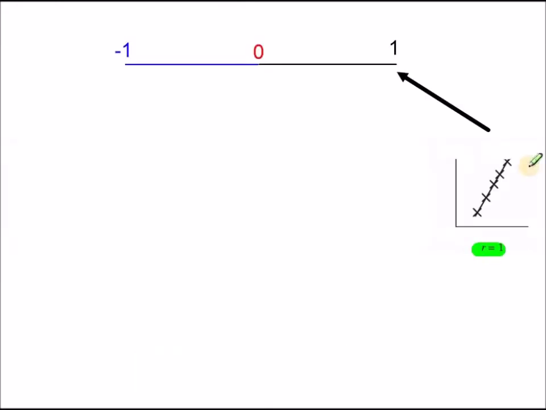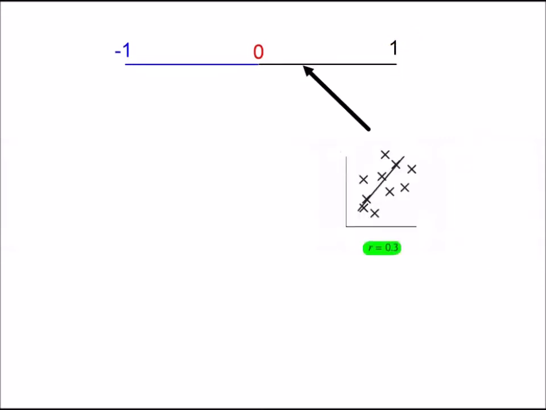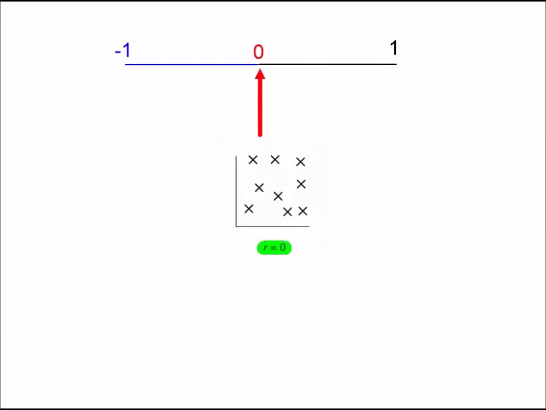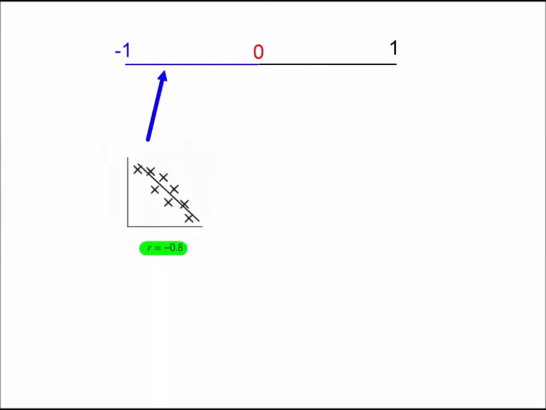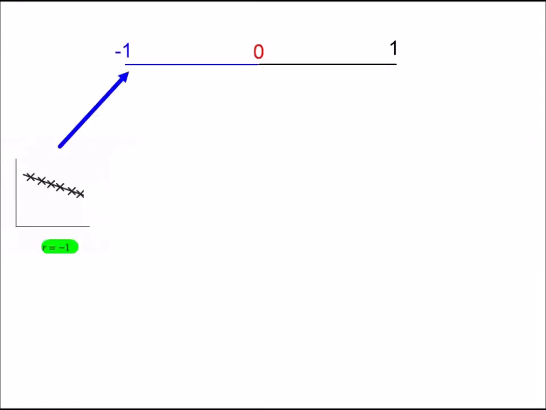So some examples. If the R value is 1, every single point lies on a straight line, and we have a positive gradient on this regression line. So we're down here on our scale of -1 to +1: R equals 1, R equals 0.3, no correlation, R is 0, R equals -0.8, so strong negative correlation, and we have perfect negative correlation.